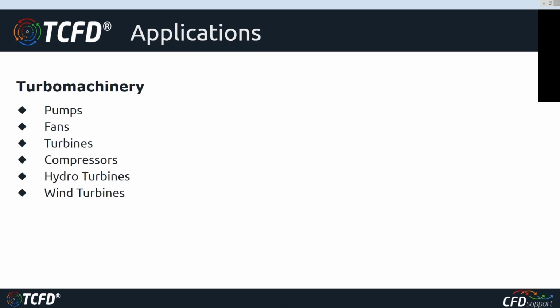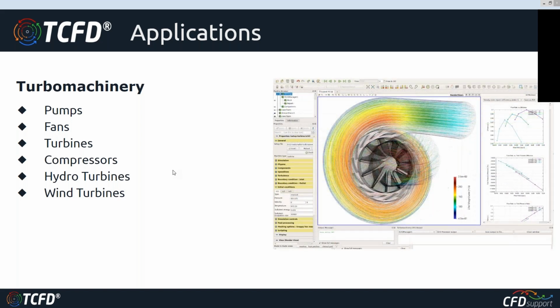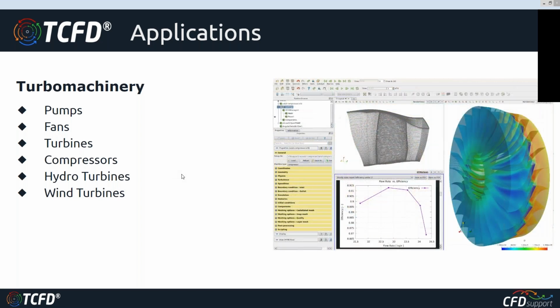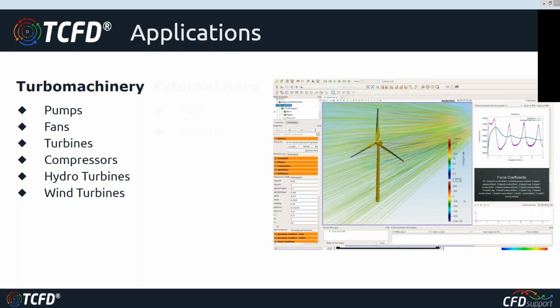TCFD is always focused. We never say it's a general purpose code. Our core business has always been turbomachinery simulations like pumps, fans, turbines, compressors, hydro turbines, or wind turbines.